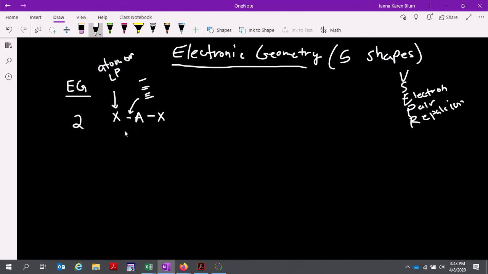And so if I have two things as far away from each other as possible, what's the farthest they can get apart in three-dimensional space? And that is 180 degrees, which gives me a linear electronic geometry.